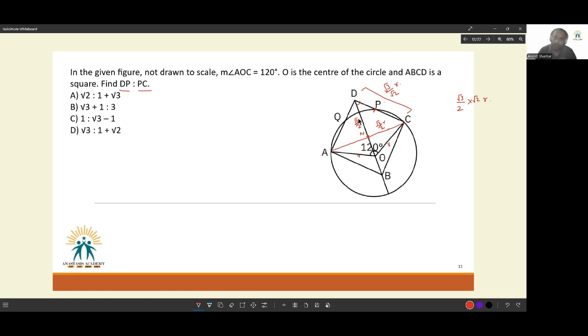Right now, if I take this length is root 3R, and this length is R, and this length is how much? Can I figure that out? If this is 60, opposite to 60, I have root 3 by 2R. This length, this will be 30 degree here. So this length will be half R plus half R plus root 3 by 2R. This is full length. Okay.